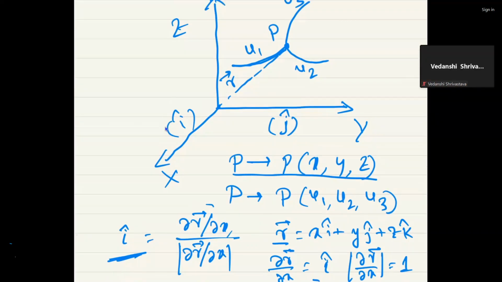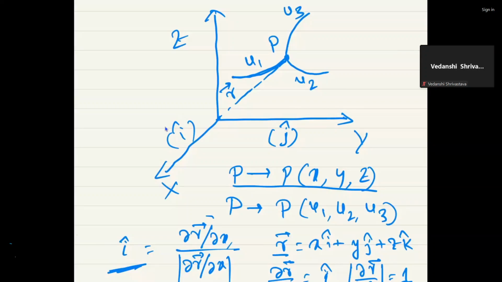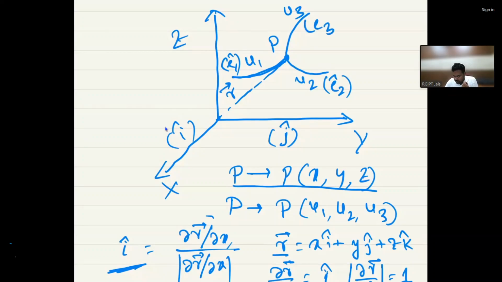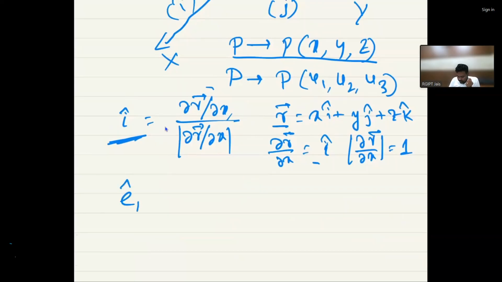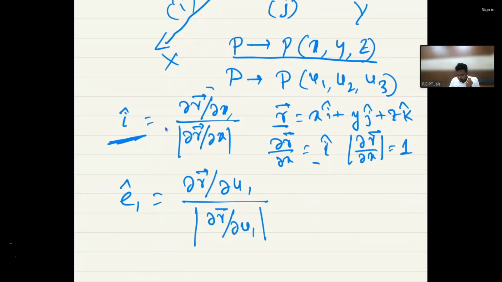Similarly, we can define these unit vectors in the curvilinear coordinate system also. Let's say along the U1 direction our unit vector is E1 cap, along the U2 direction our unit vector is E2 cap, and along the U3 direction our unit vector is E3 cap. So how do we define E1 cap? E1 cap is del r by del U1 divided by mod of del r by del U1.